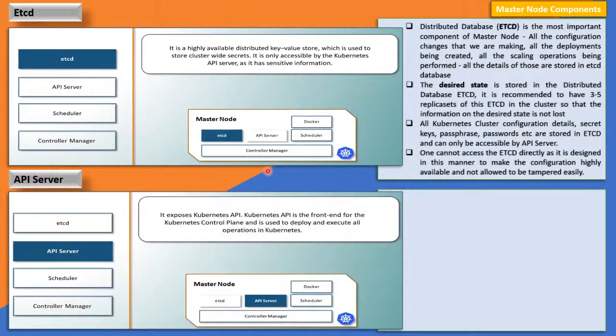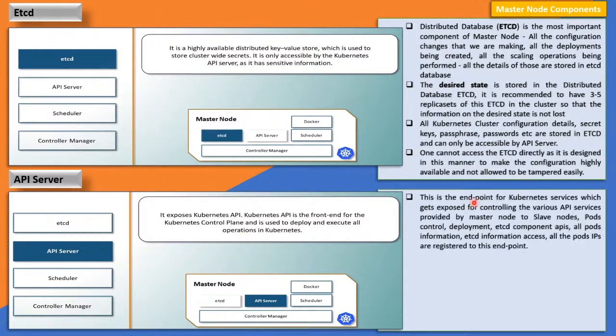Now we come to the API server. We have already understood what an API server is. It exposes the Kubernetes API. The Kubernetes API is the front end for the Kubernetes control plane and is used to deploy and execute all operations in Kubernetes. So as I said, this is the brain. This is the endpoint, or you can say the starting point, both, for Kubernetes services, which get exposed for controlling the various API services provided by the master node to the slave nodes.